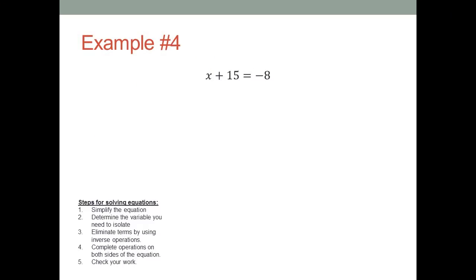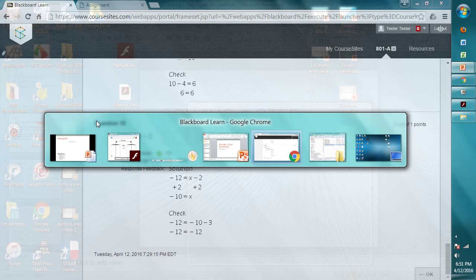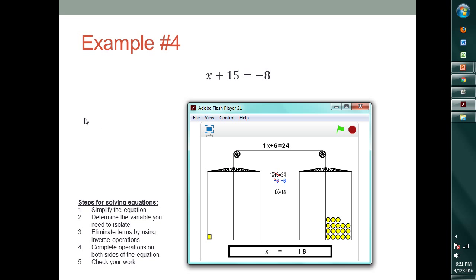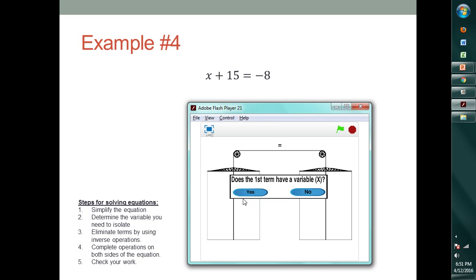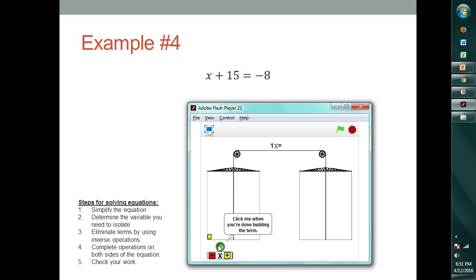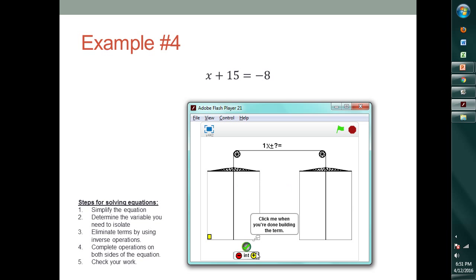Okay, one last problem here. X plus 15 equals negative 8. So I click my green flag again. No parentheses, no division. Yes, variable, just x. More terms, no variable.